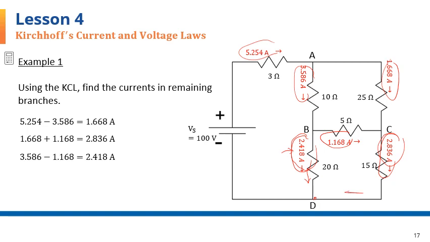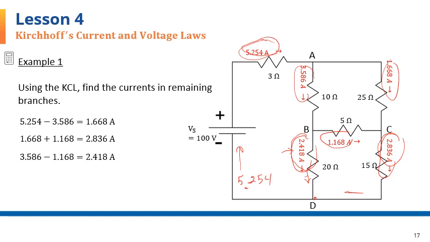The current that's going out of node D is also known to be 5.254 amps, because that current that's going into node A is the same current that's coming from below the voltage source. So this current is also 5.254. They belong to the same branch.